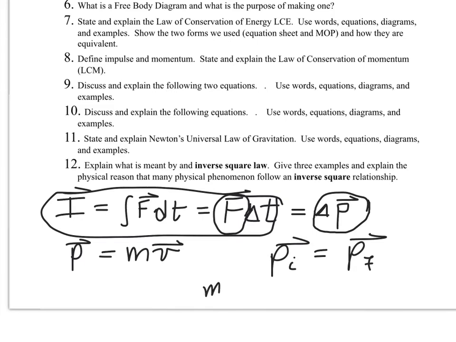And for two objects, that means m1 v1 initial plus m2 v2 initial equals m1 v1 final plus m2 v2 final, right? And you can give examples of that, and there were lots of examples in the MOPs of colliding cars, usually colliding objects.